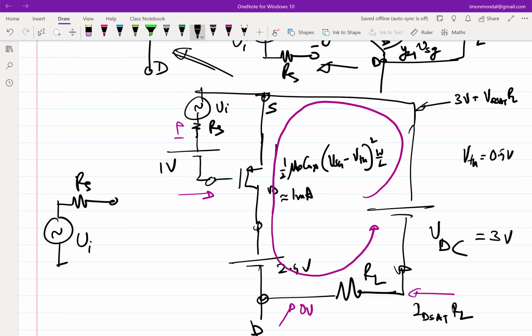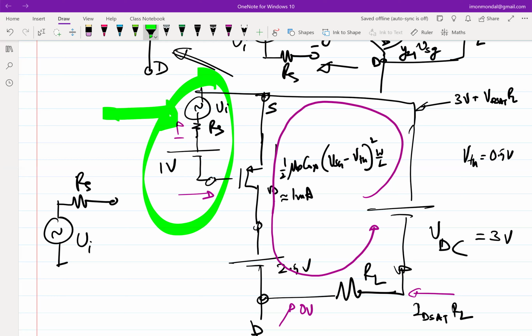Right? So if you draw the small signal equivalent of this, you are going to see that this configuration still works. But there are multiple practical problems with this. One of the practical problems is that even though I have connected the input side like this, the input reference, this voltage source should always be referred to ground, because you have done your ESC 201 labs where you have connected some source and some supply.